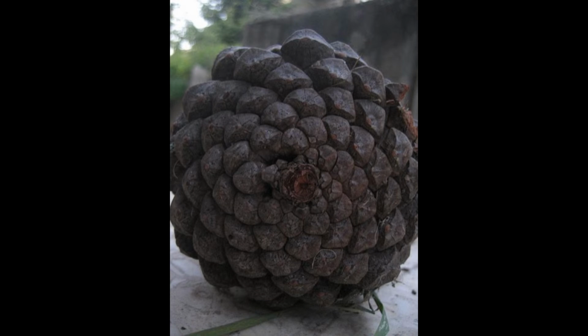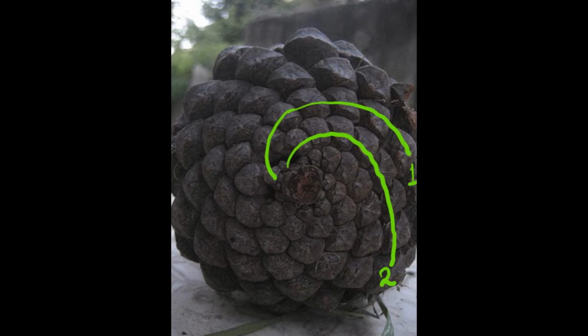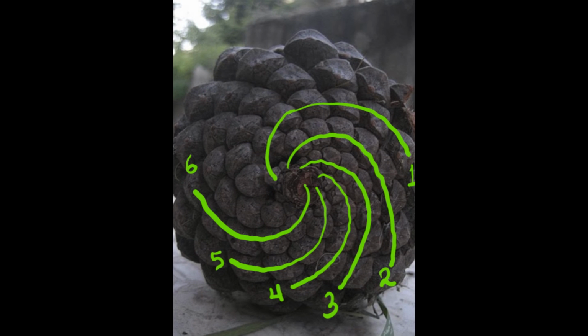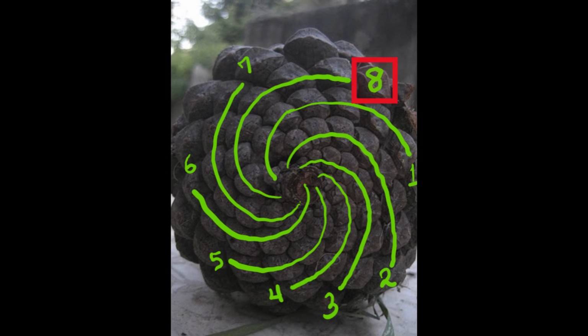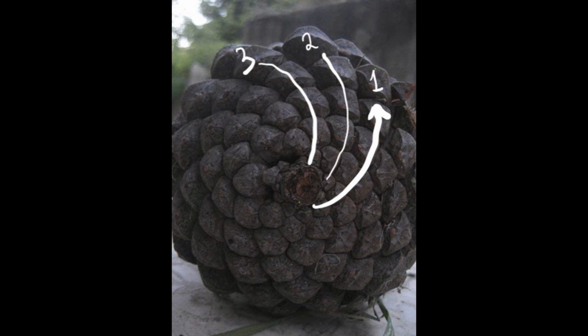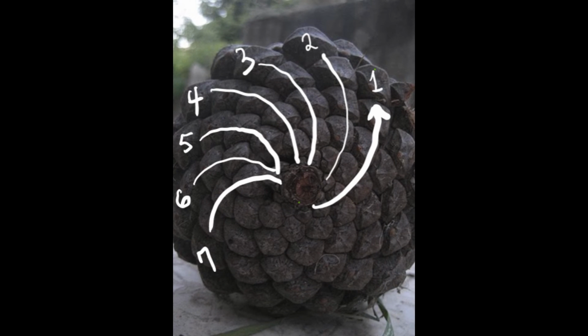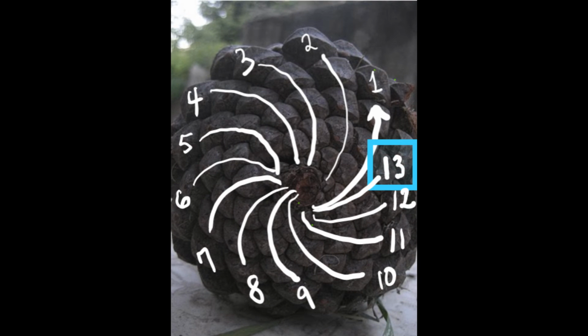So looking at a pine cone, you can count the spirals that go clockwise, and there's 1, 2, 3, 4, 5, 6, 7, 8 going one way. 8 is a Fibonacci number. And if you go the other way, counterclockwise, you get 1, 2, 3, 4, 5, 6, 7, 8, 9, 10, 11, 12, 13. And 13 is a Fibonacci number.